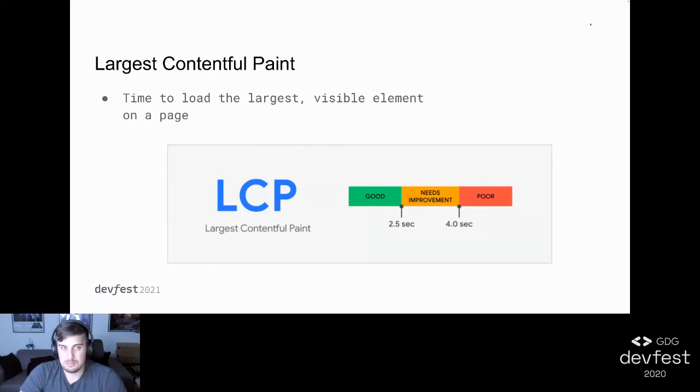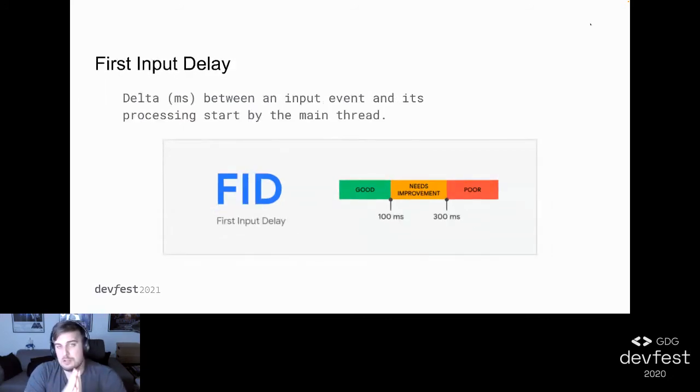So that's LCP. Then we have first input delay, which is a delta expressed in milliseconds between a user input and the application processing that input. It's not only the event listeners that you develop that matter here, but also the browser-based event listeners.